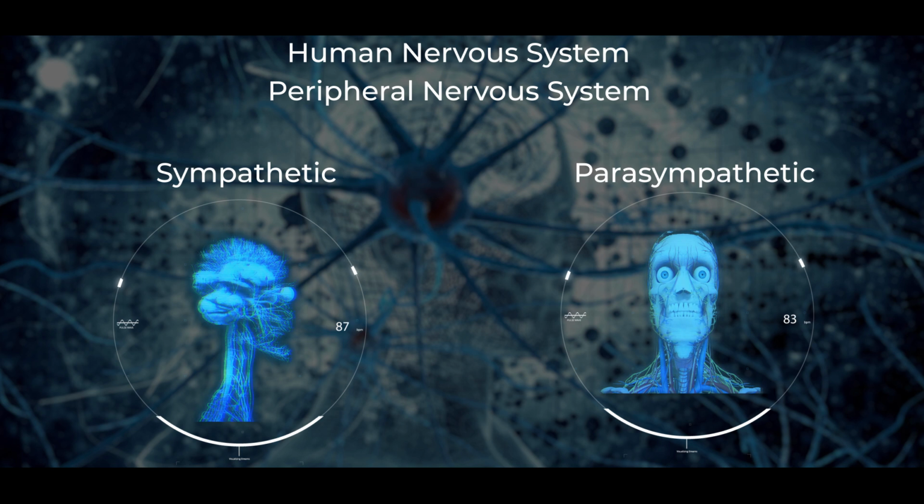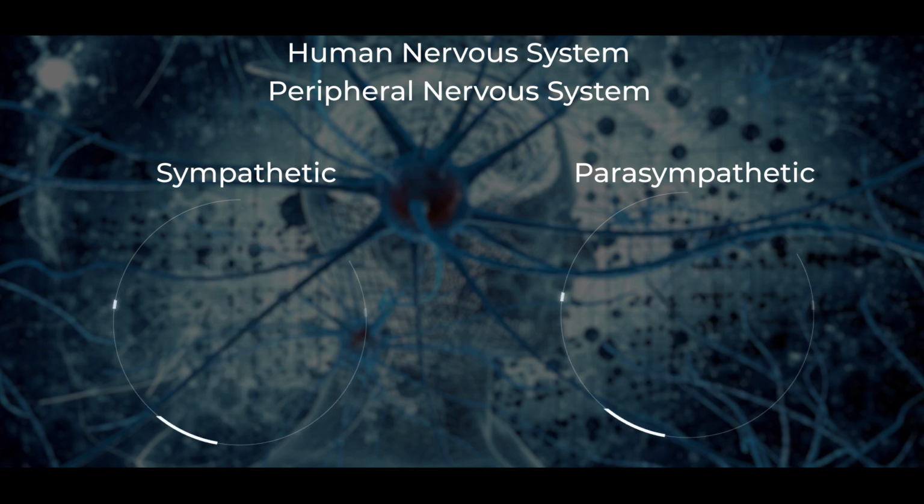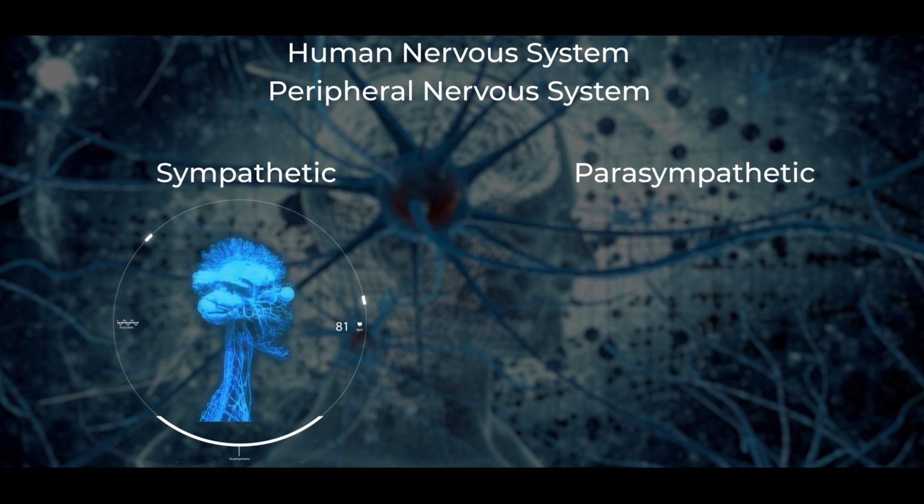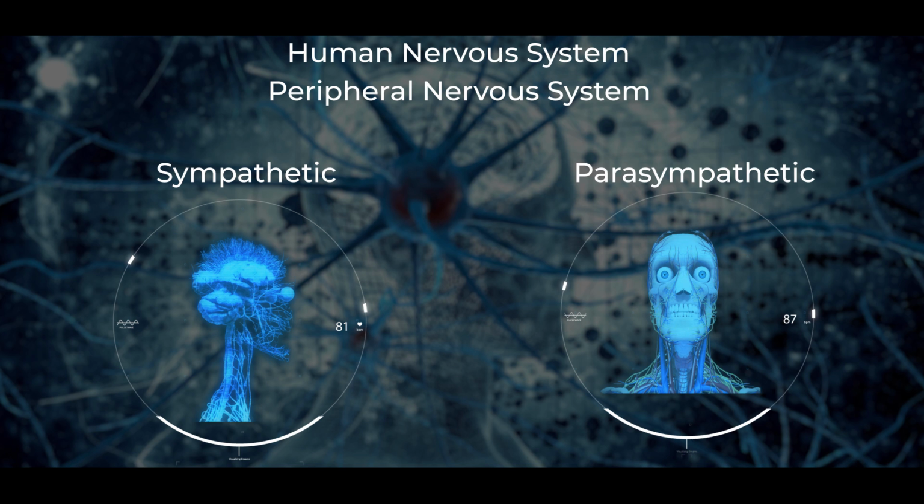The sympathetic nervous system and the parasympathetic nervous system are antagonistic in nature. When we say antagonistic in nature, it means their functions are opposite to each other. For example, the sympathetic nervous system prepares one's body for fight, whereas the parasympathetic nervous system prepares the body after the fight is over.